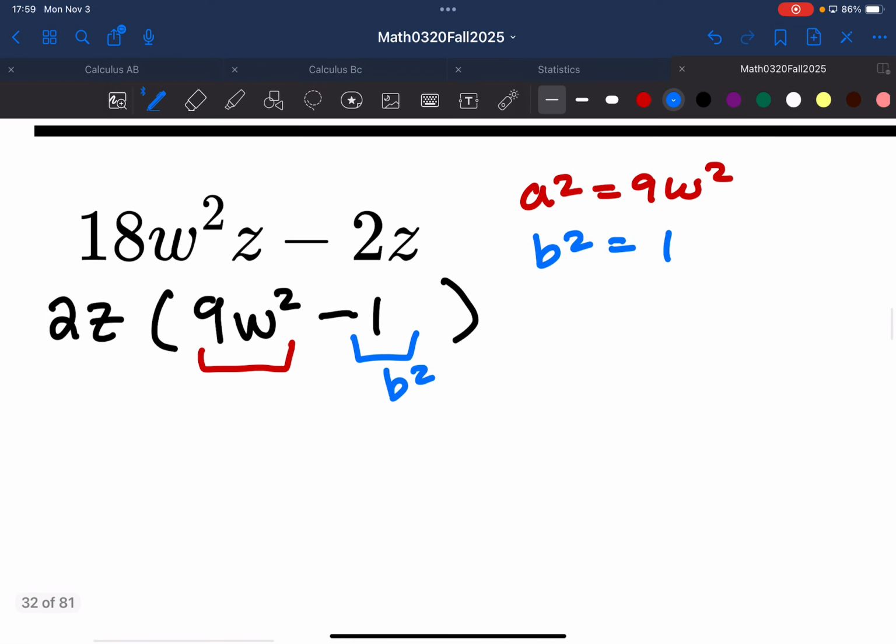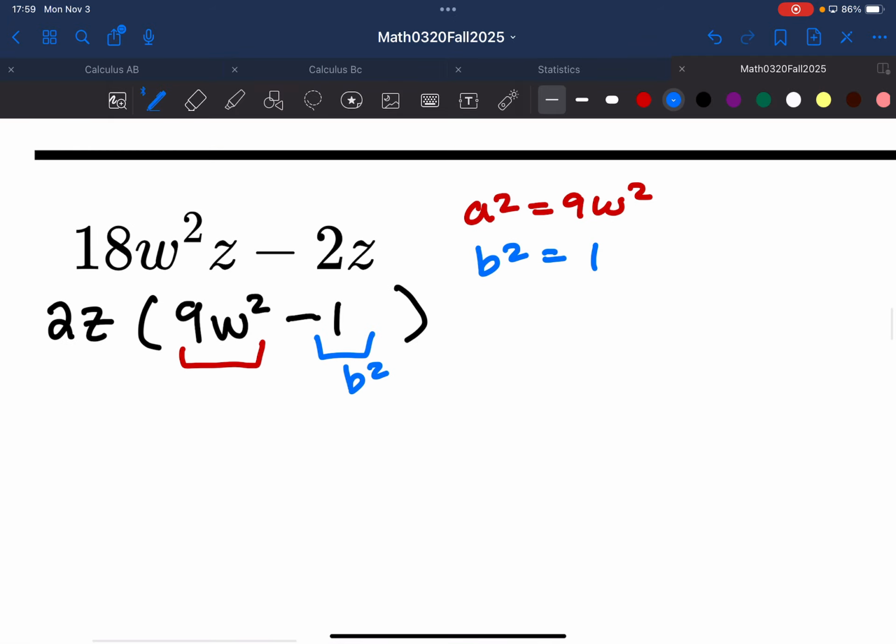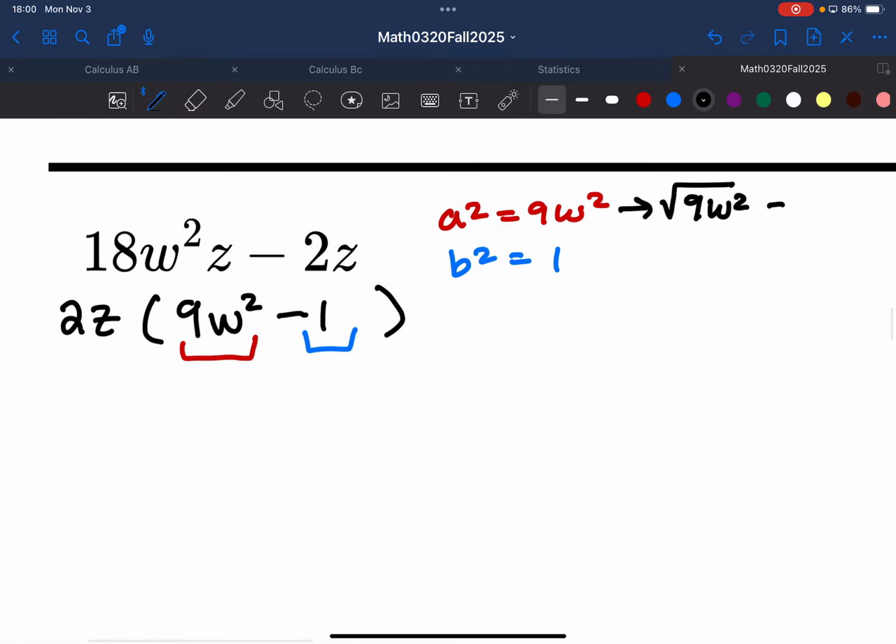Then I take the square root of each one to find just a and b. For this one, I would take the square root of 9w squared, which would give me 3w, and this one, I would take the square root of 1, which is 1.